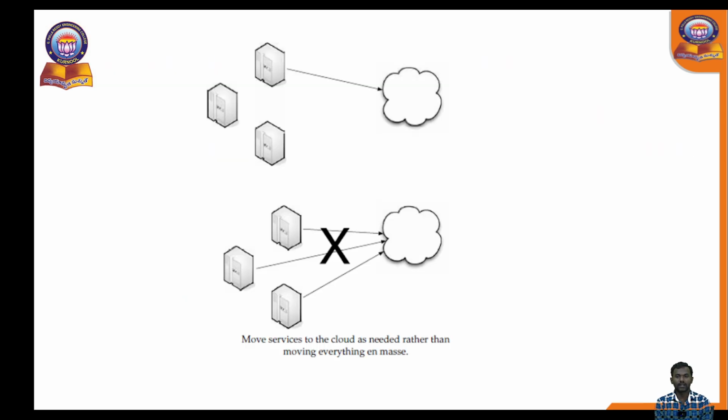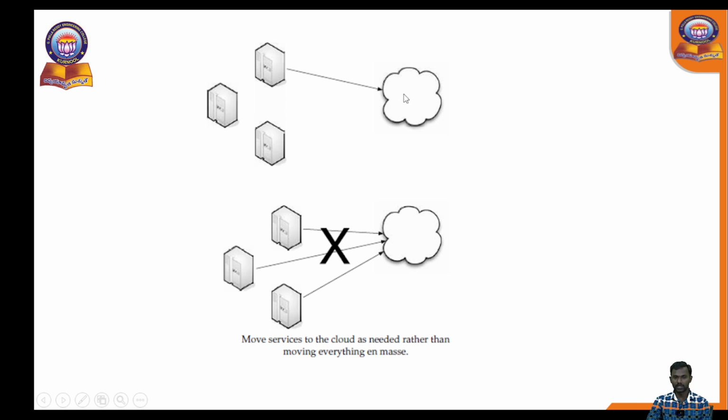So look at the diagram. The first diagram is related to the phased-in approach. The second diagram is related to the flash cut approach. In the first diagram, first we check whether one service is available in the cloud or not. If the service is available, we will move that entire application to the cloud. If the application is running properly in the cloud, we are ready to move the second application also.